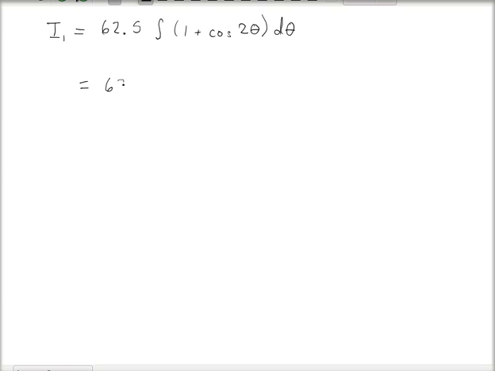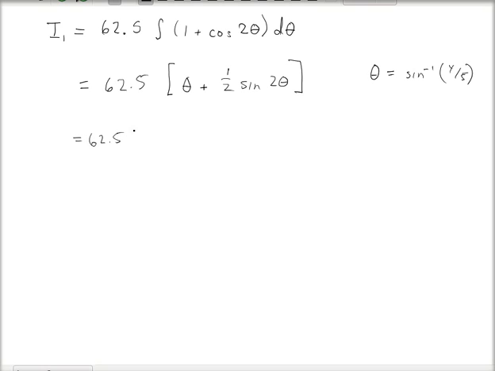So I've pulled my constant out front, 62.5. Now if I integrate 1, I'm just going to get theta. If I integrate cosine 2 theta, I'm going to have sine 2 theta, but since I've got this 2 in here, I need to multiply by 1/2 out front. Now remember we said theta was equal to sine inverse of y over 5. So let's go ahead and plug that back in.